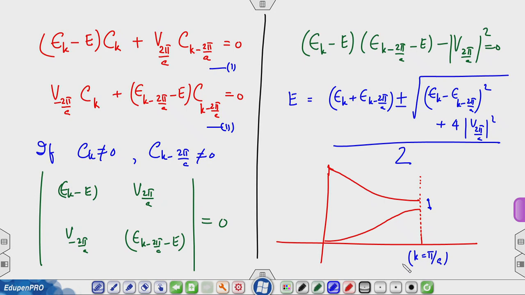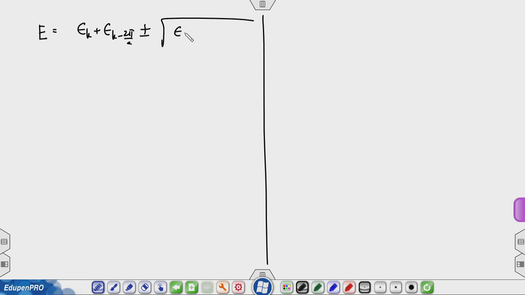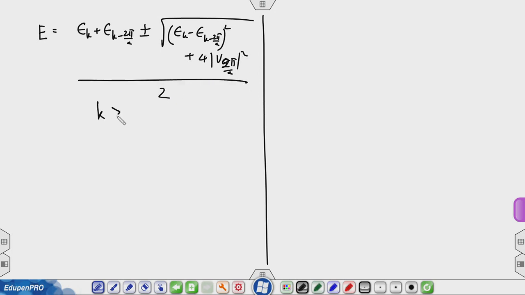Now, you can do exactly the same thing on the other side. What will happen on the other side is, instead of k minus 2π/a, you will get k plus 2π/a. Let me just do it explicitly. So, what we found is that E equals epsilon k plus epsilon k minus 2π/a plus or minus the square root of (epsilon k minus epsilon k minus 2π/a) whole squared plus 4 |V 2π/a| squared, divided by 2, for k greater than 0.